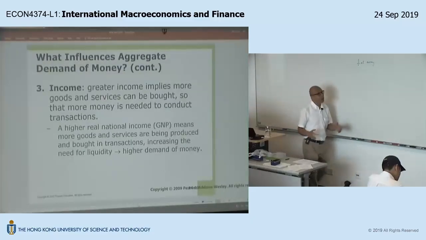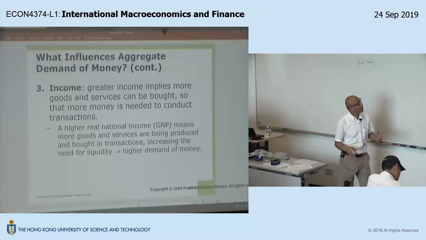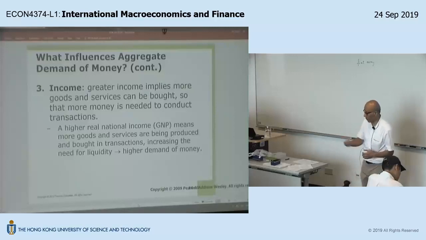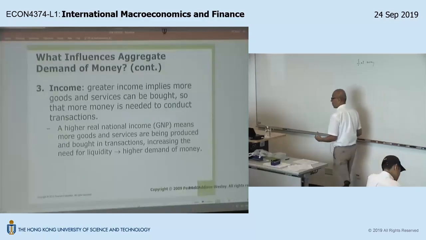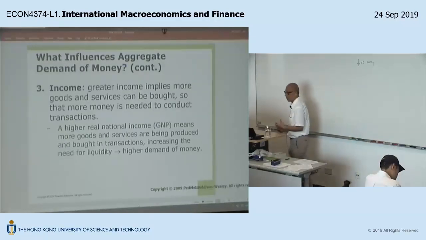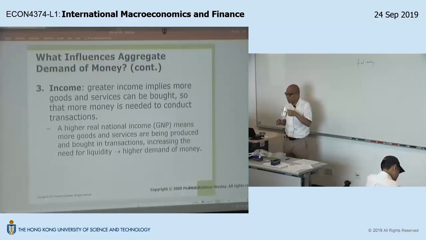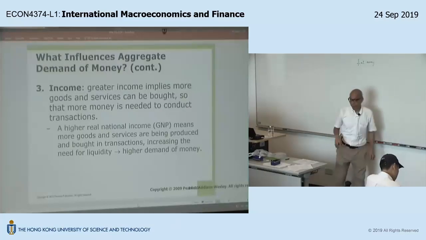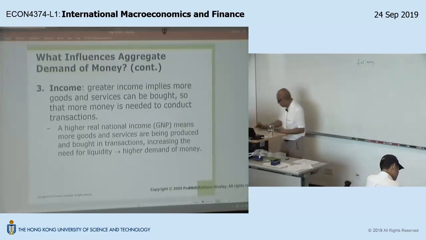Greater income implies that more goods and services have to be bought, so there are more transactions. These three things will affect the aggregate demand for money.